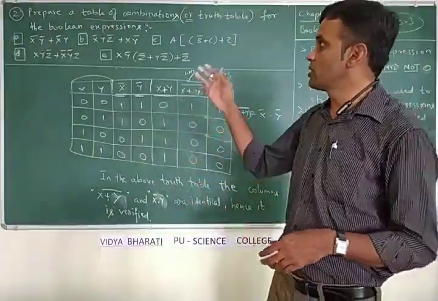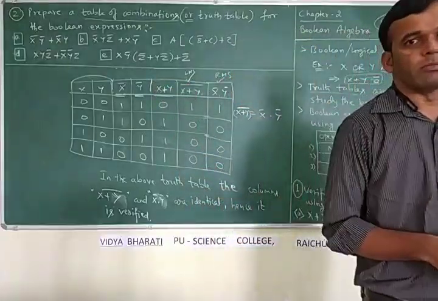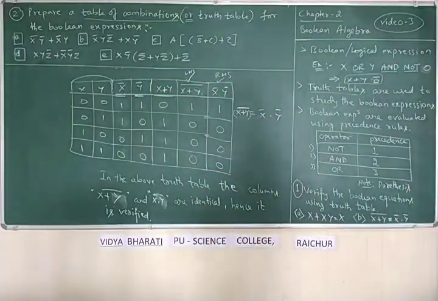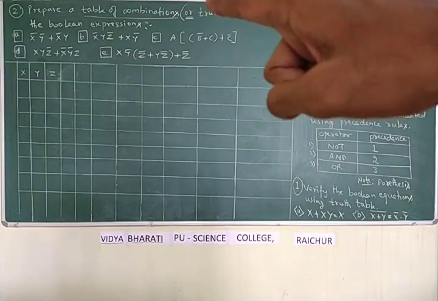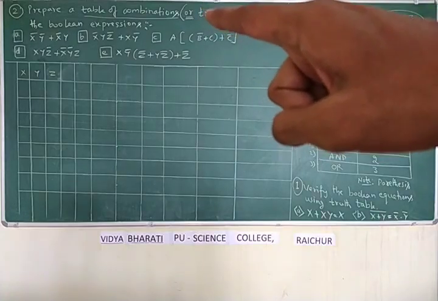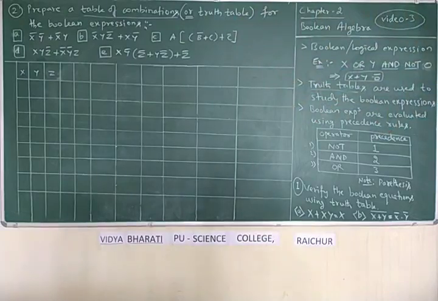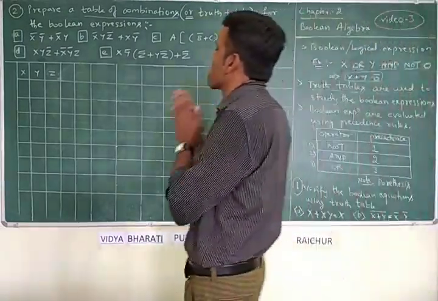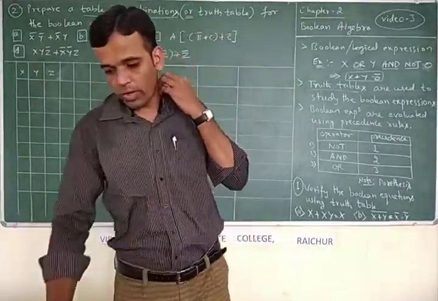Question number 2. Here I have 5 problems. Now we'll consider that second type of question. Consider the first one: x bar y bar plus x bar y.